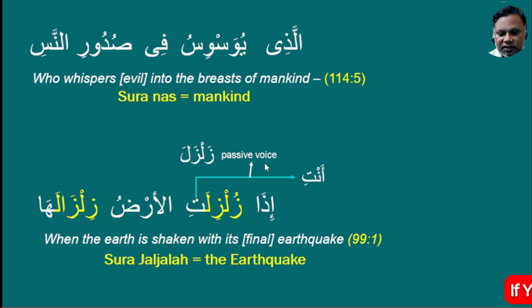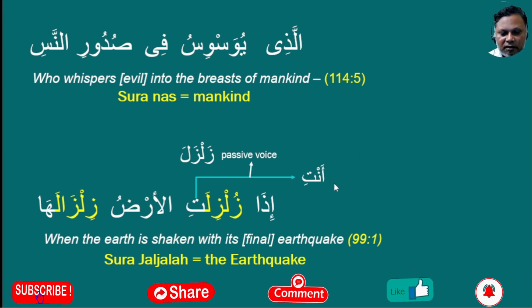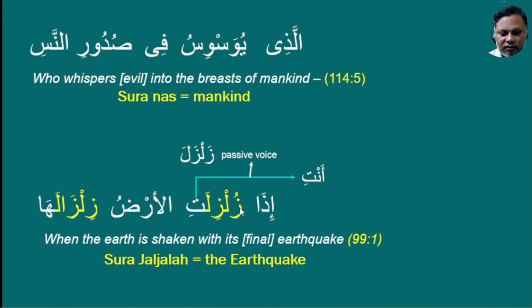And this T is for third person feminine, she. So this word Zulzilat has been used for female. Zulzilat is the passive voice. That's why from Zalzala it becomes Zulzila.